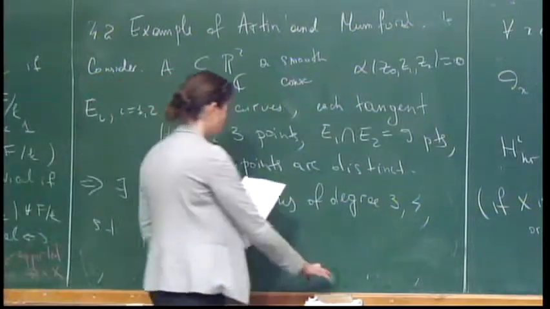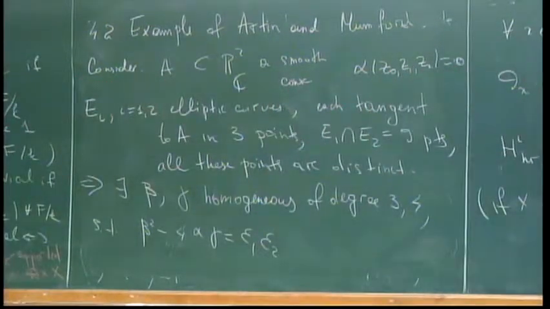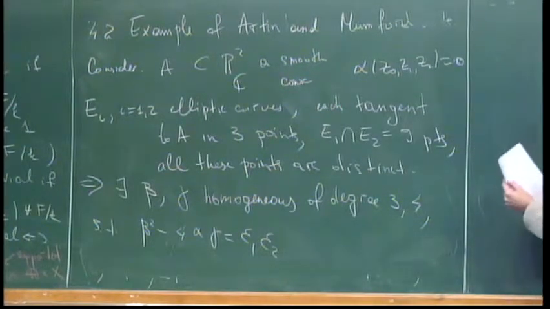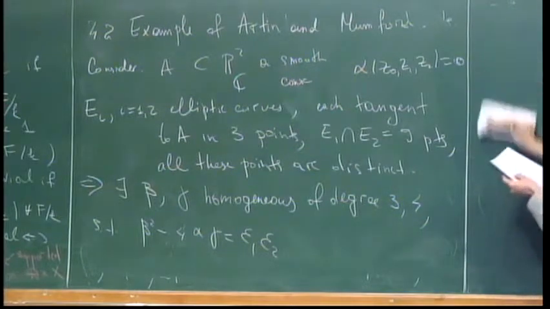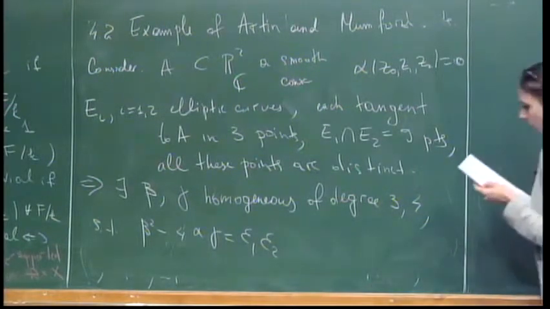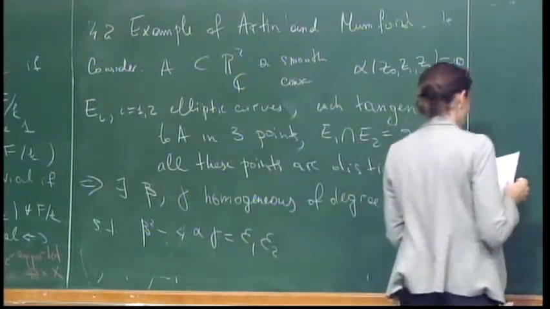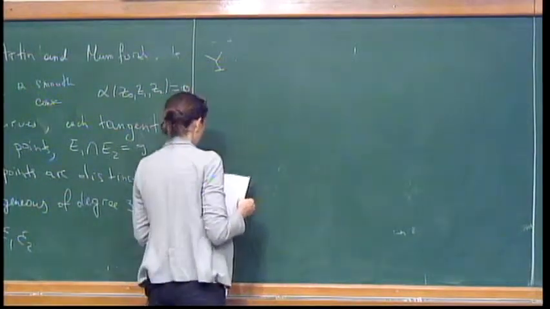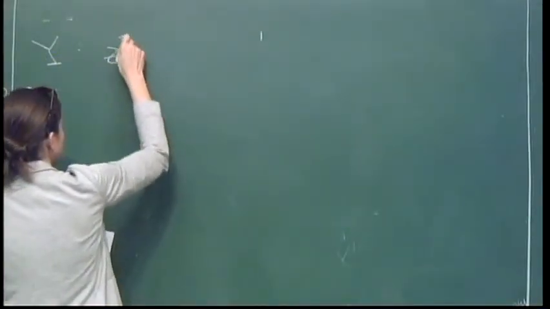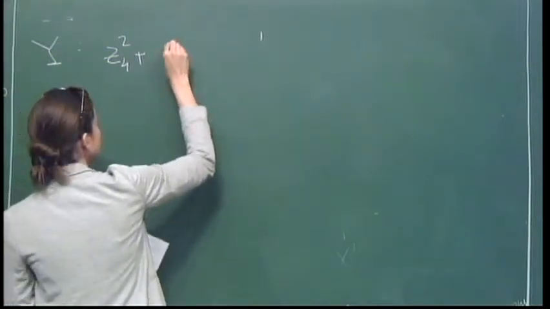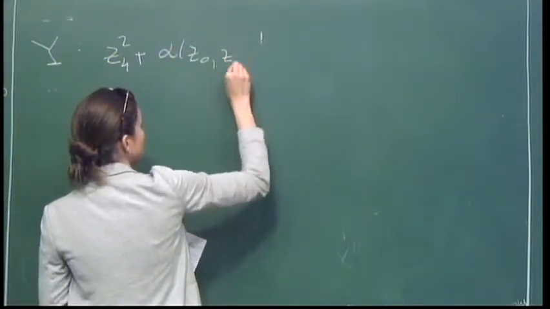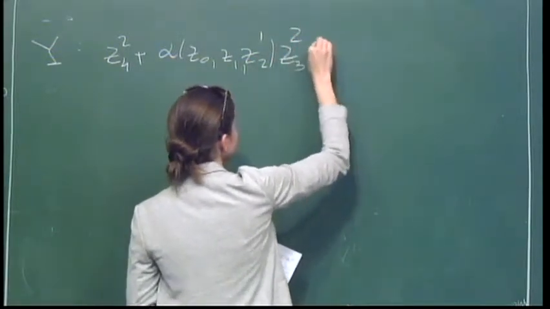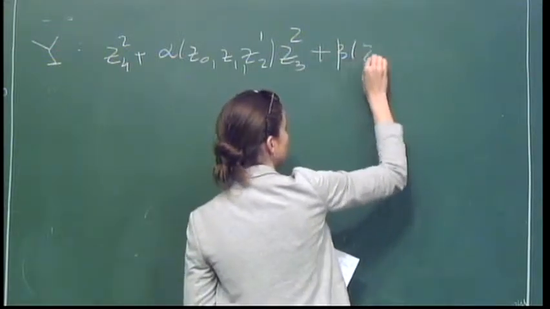Once you take these things, here is what happens. Take Y the following double cover: the variety Z4 squared plus, well, this will be an equation of a quartic, plus gamma Z0 Z2. So it will be a double cover ramified along the quartic.